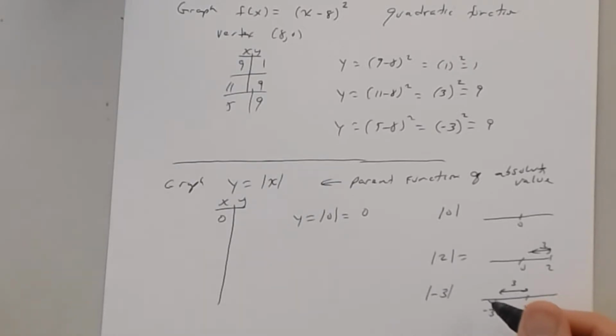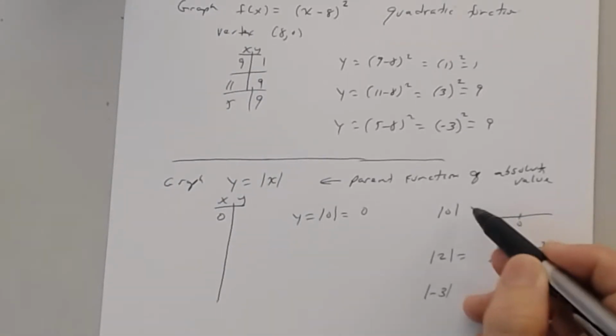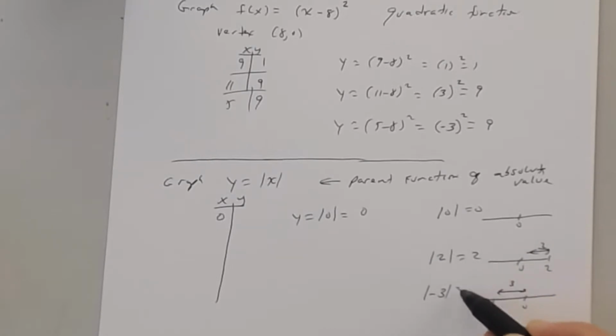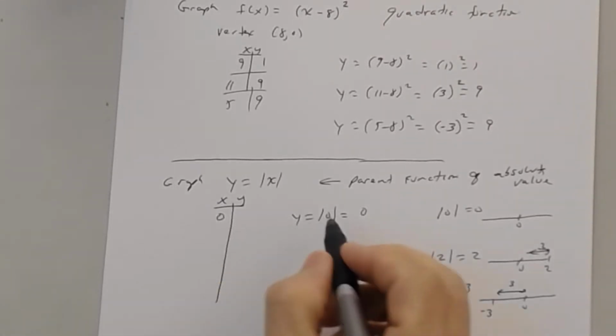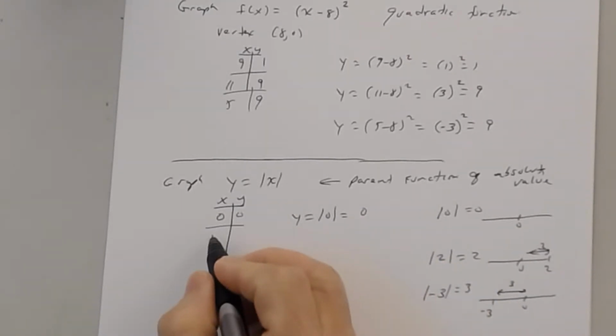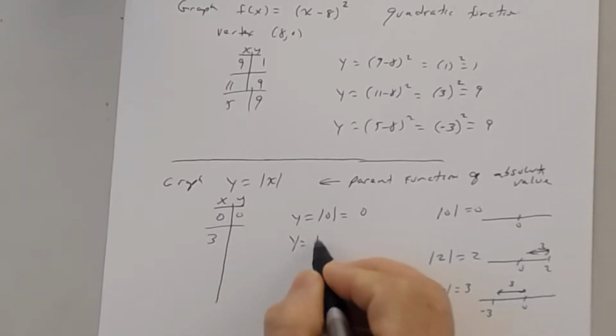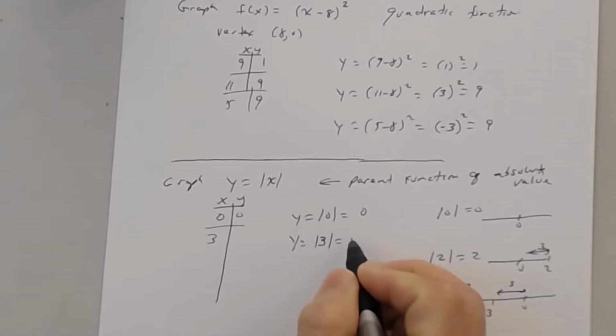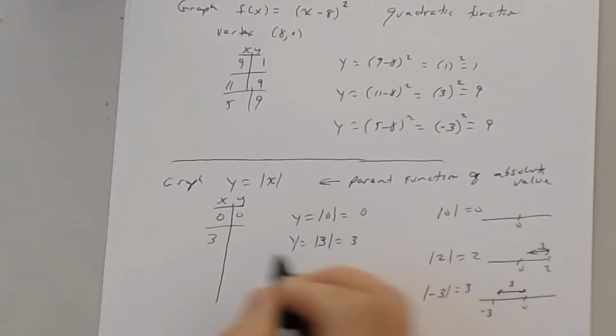So the absolute value of a number is always what kind of number? Positive, unless it's the absolute value of 0, which is just 0. So if x is 0, I get the absolute value of 0, which is 0. If x is, let's say, 3, y equals absolute value of 3, which is 3.